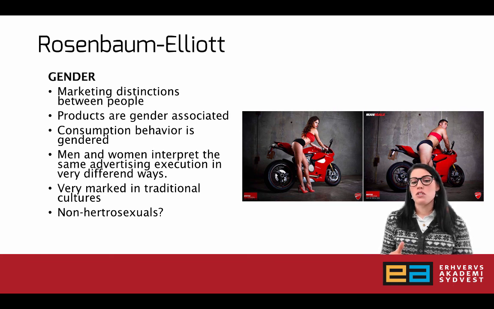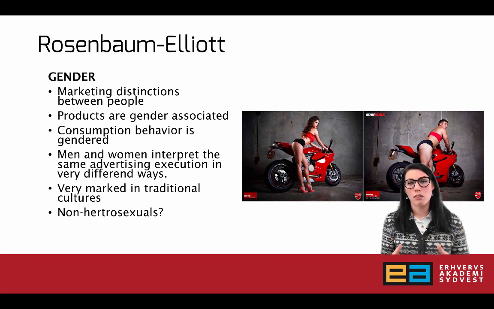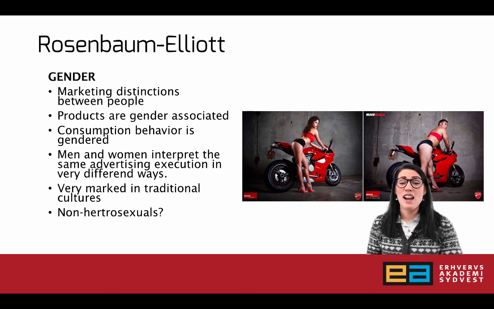And of course gender is a part of the way that we think of and assume the world, and of course this is stronger in some societies, and in other communities this is a no-go. So remember the thing I showed you before with the burqa. I don't think this will go in the Arabic countries.